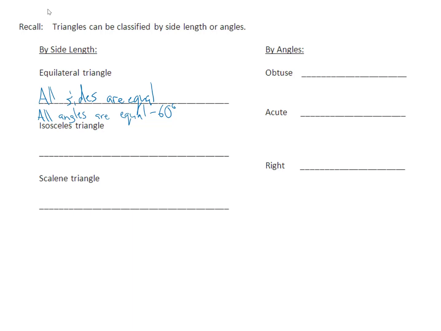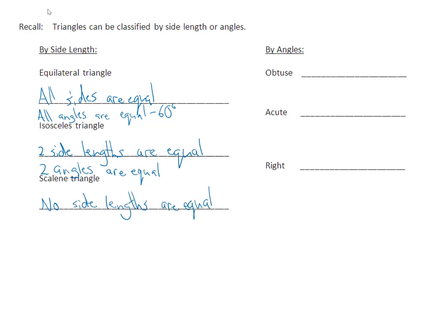If we have an isosceles triangle, that means that two side lengths are equal, which also means that two angles are equal. If we have a scalene triangle, that means that no side lengths are equal, which also means that no angles are equal.